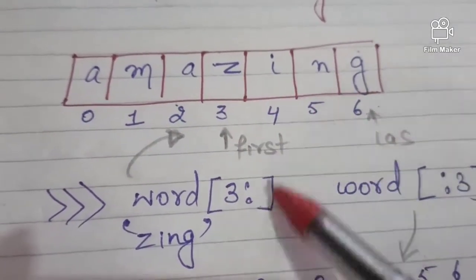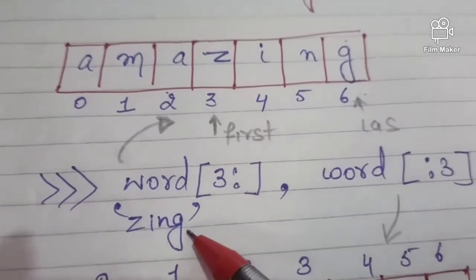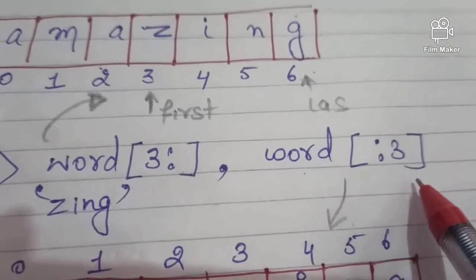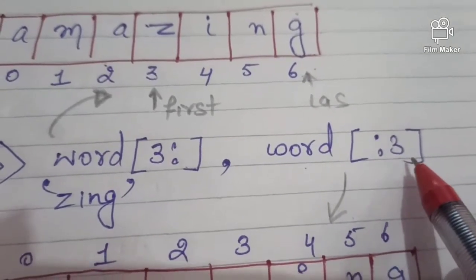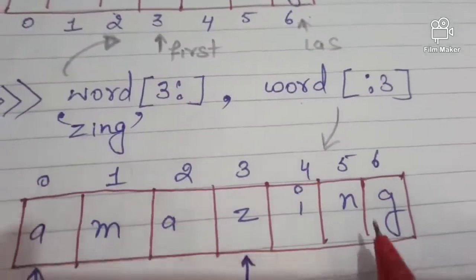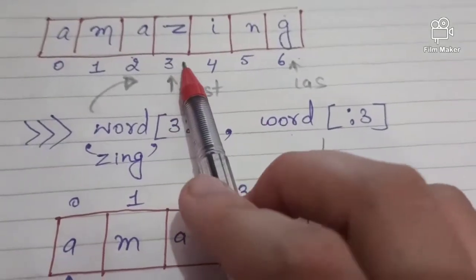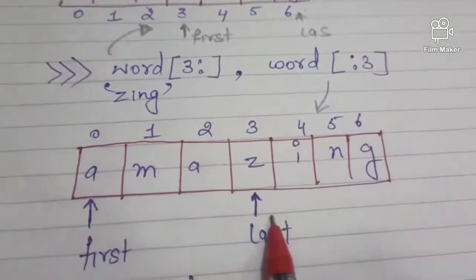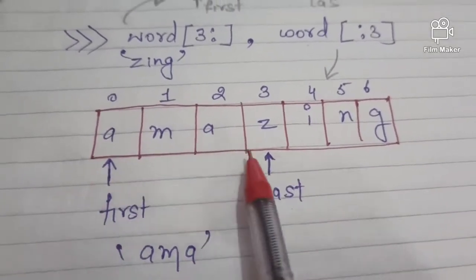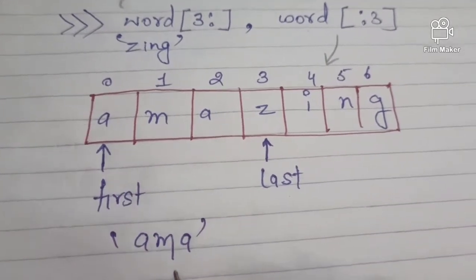Now it takes till the last, so it gives me zing, means the characters it takes are zing. Then next is word colon 3, means the m integer value is given, means the last value is given but the starting value is missing. So 3 is the last one, so it takes from the start up to before this 3. So the characters I am getting are AMA.